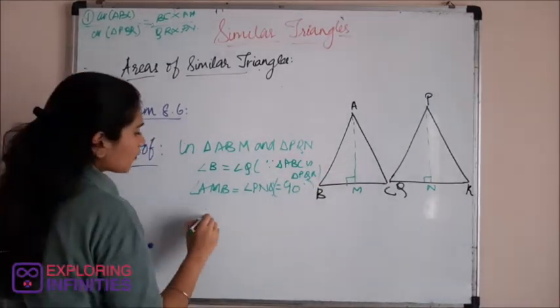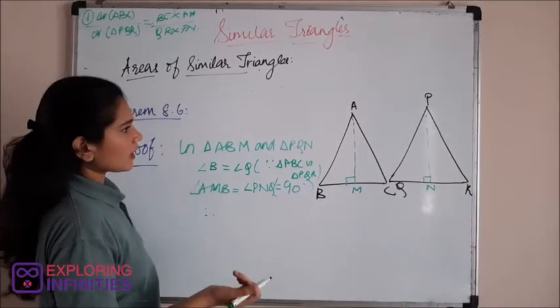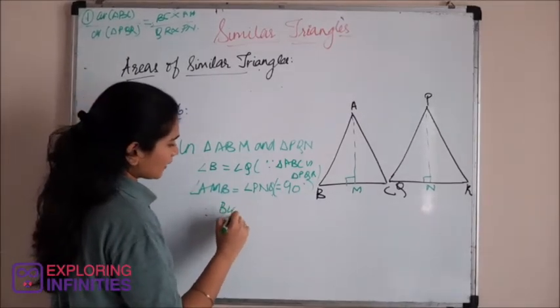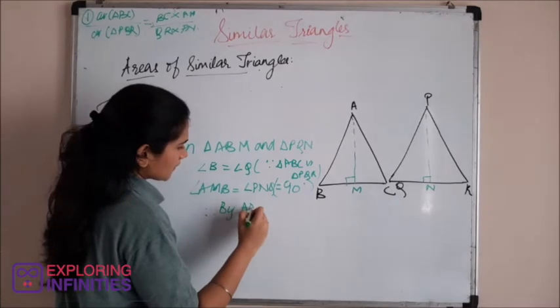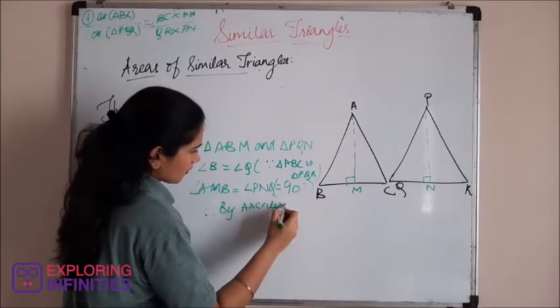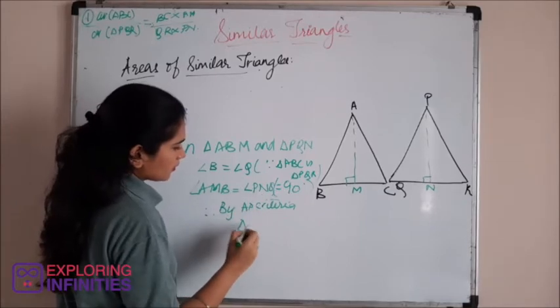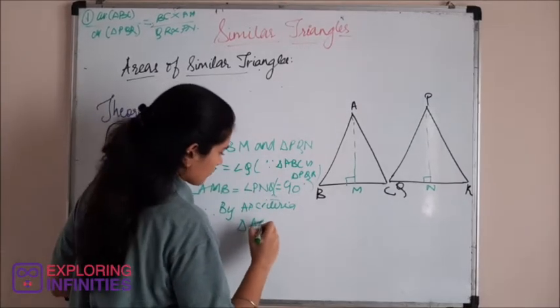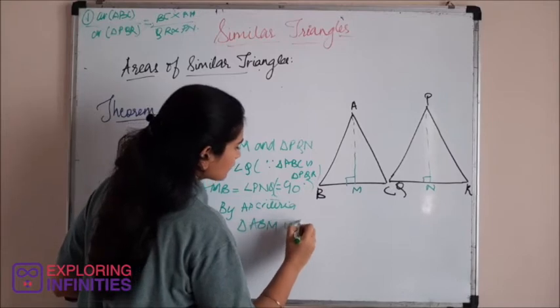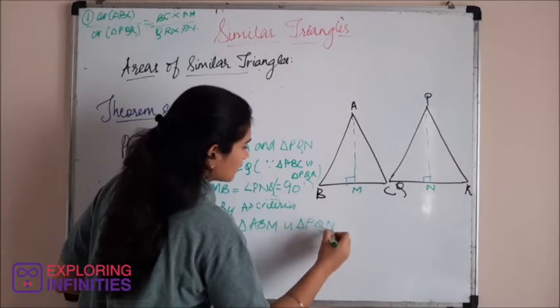So therefore, by what criteria? I hope you are clear by now. By the angle criteria, triangle ABM is similar to triangle PQN.